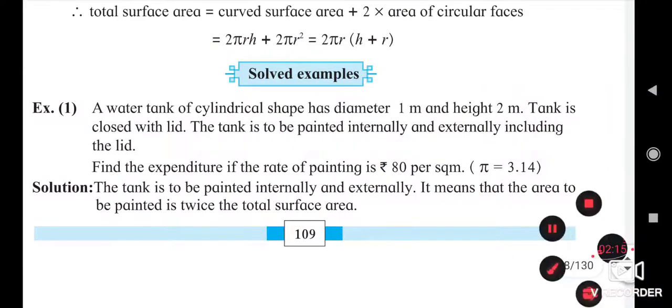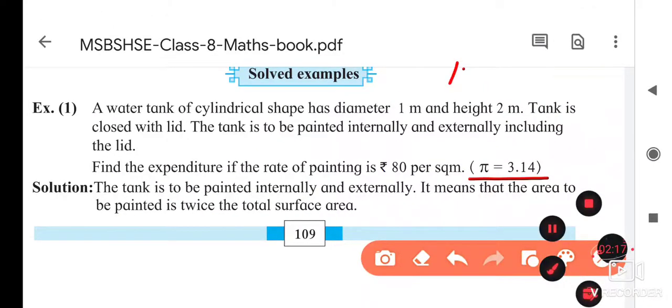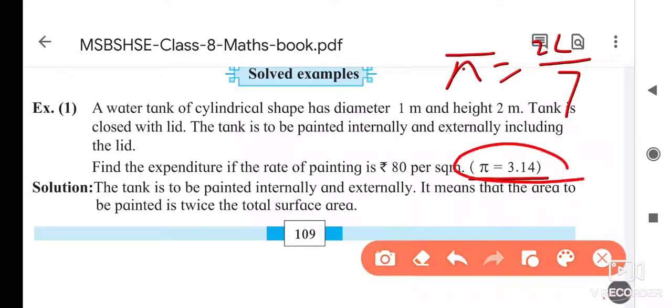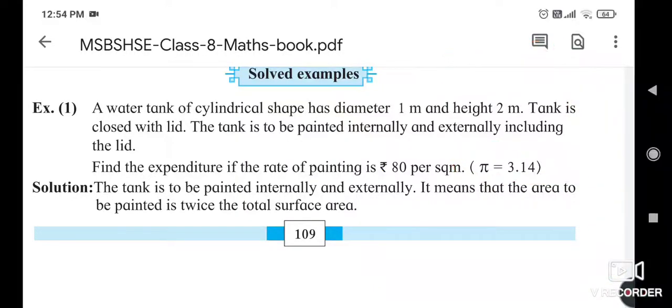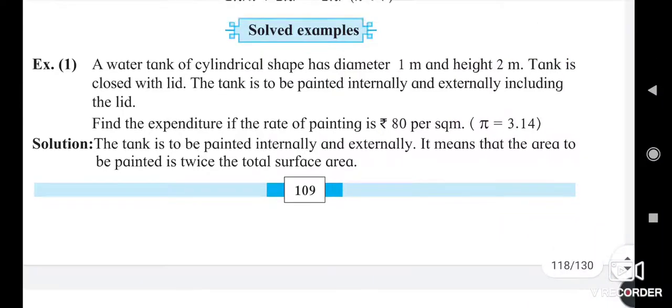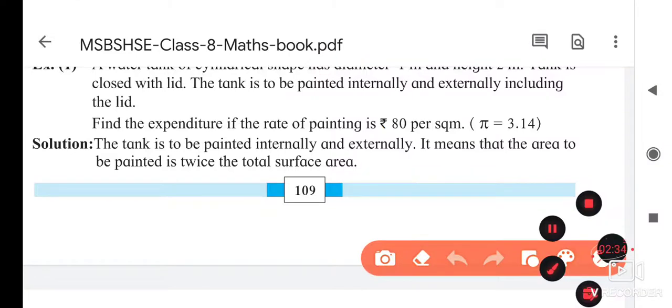If the value of pi is not given to us, generally we use pi equal to 22/7. And if the value of pi is given as 3.14 here, then only this value we have to use at the time of solving the example. It is very important. So here the tank is to be painted internally and externally. Whenever we are giving color to it, we are measuring its surface area, not the volume.